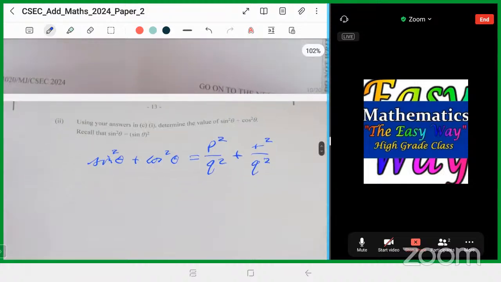So this all reduces to P squared plus R squared over Q squared.